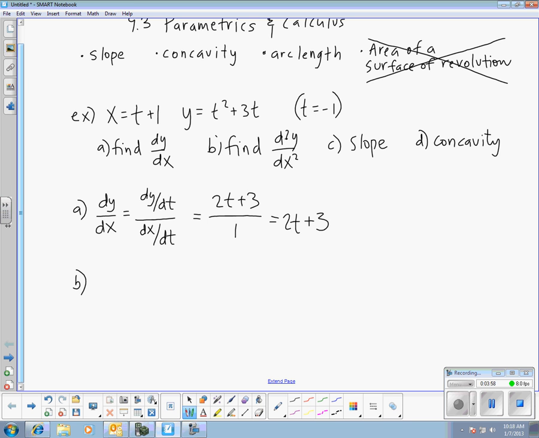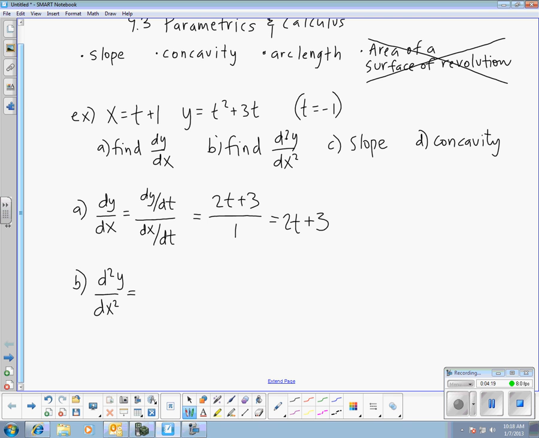Okay, so part B, what's the second derivative? The formula for second derivative is not just 2. I'm not taking the derivative of what I just got with respect to t. I'm taking the derivative of what I just got as if it were my new function y, and I'm taking its derivative with respect to x.